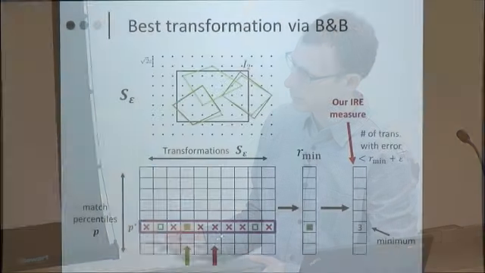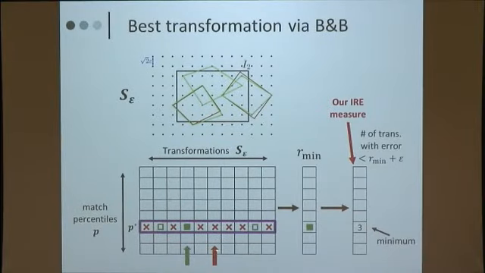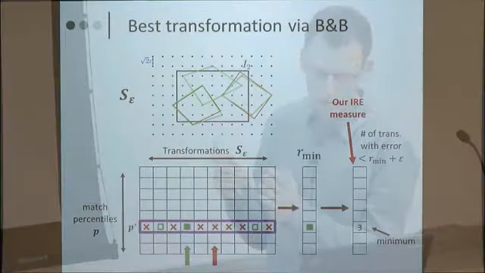But what we actually do is we want to employ here a branch and bound scheme. So what we can show here is that we would like to improve the approximation to move to a finer sampling S epsilon half. And what we can safely do is any of these red transformations we can safely discard in a search space, because from this sampling we know that even if we open finer resolutions around this transformation, the error cannot change by more than epsilon, and therefore it cannot be even as good as this error that we already have.